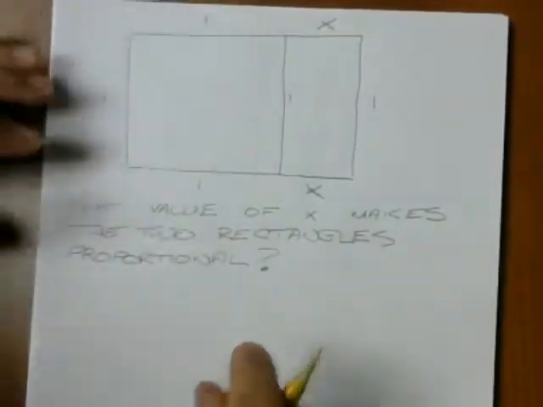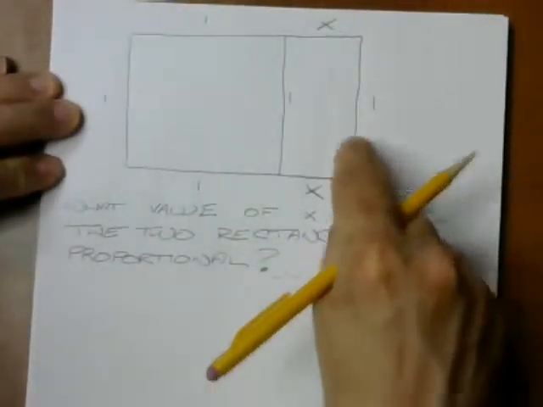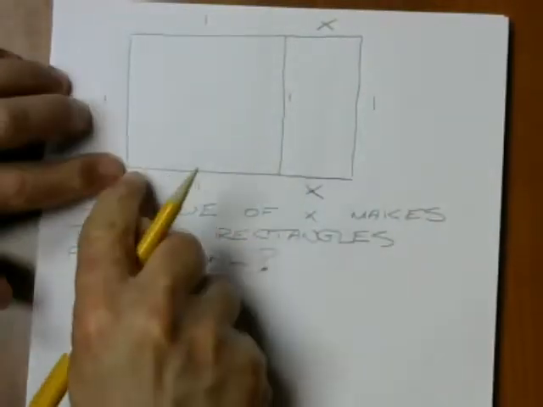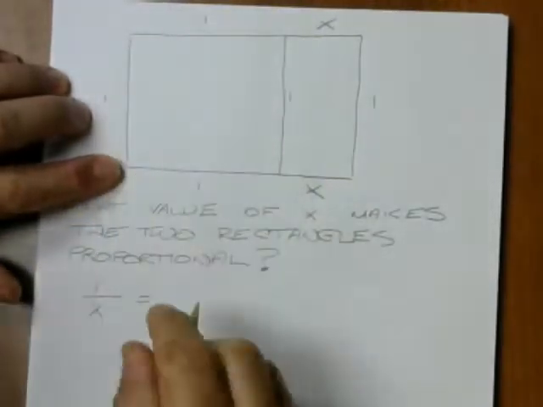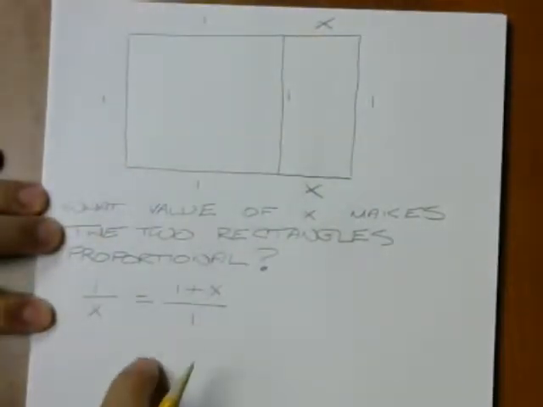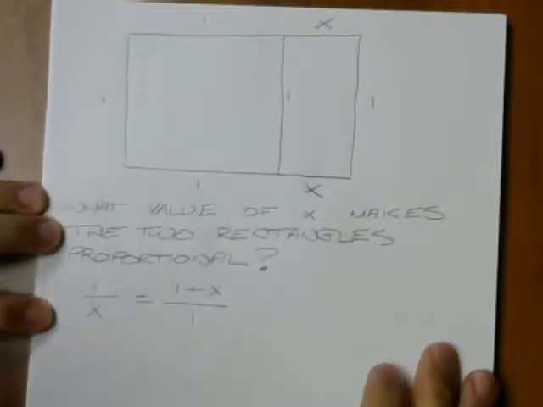So what do I need? I need this length over this width, 1 over x, equals this long length over this width, 1 plus x over 1. And this is the equation I need to solve.